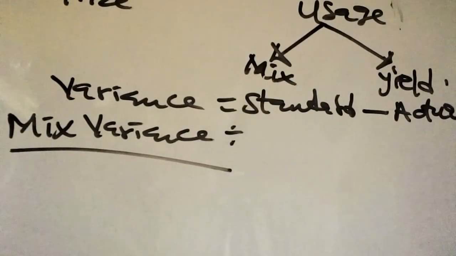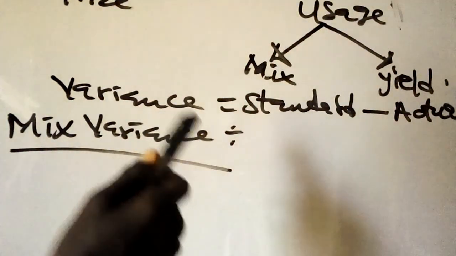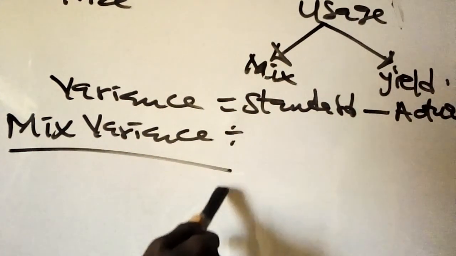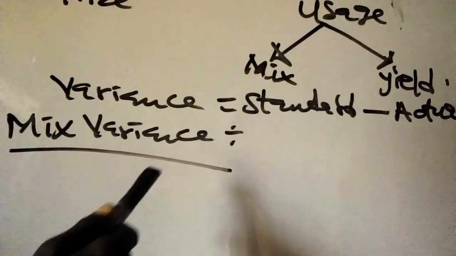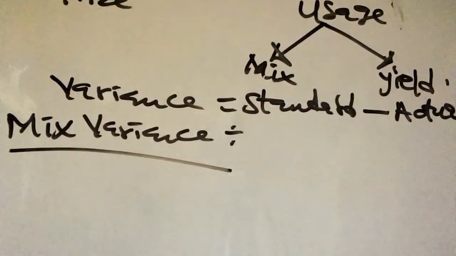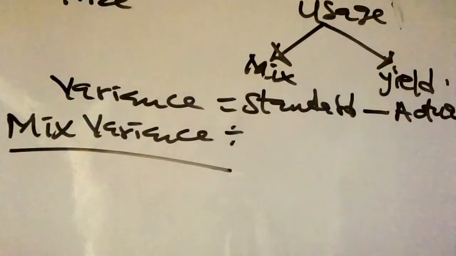For instance, if more of an expensive material has been used and less of a cheap material, then the cost will be higher and the variance will be adverse. So we use mix variance to monitor the cost of the materials.